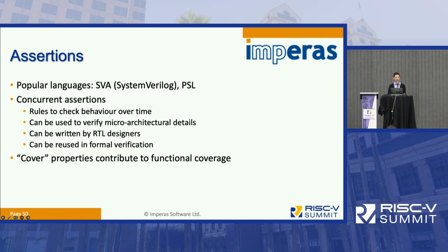Another benefit of using assertions is that you can write cover properties to augment your functional coverage. This can help you measure the occurrence of low-level behaviors, and it can contribute to your verification plan. These rules can also be used in formal verification if you choose to use that method.